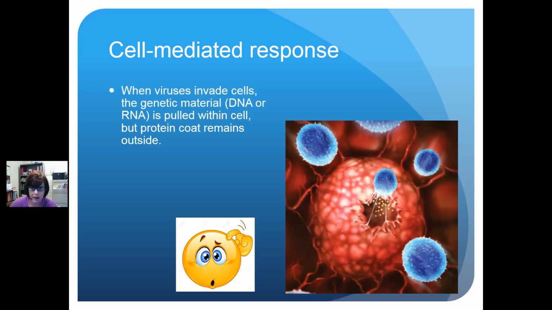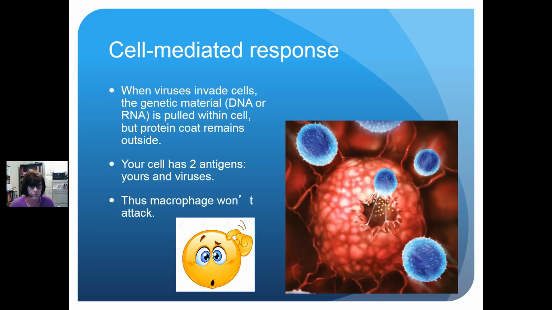When a virus invades a cell, its genetic material goes into the cell, but it leaves portions of its protein capsule outside as a marker that, hey, this doesn't belong here. So now your infected body cell is showing two antigens, your cell ID tag and the viral cell ID tag. It's got both on there.